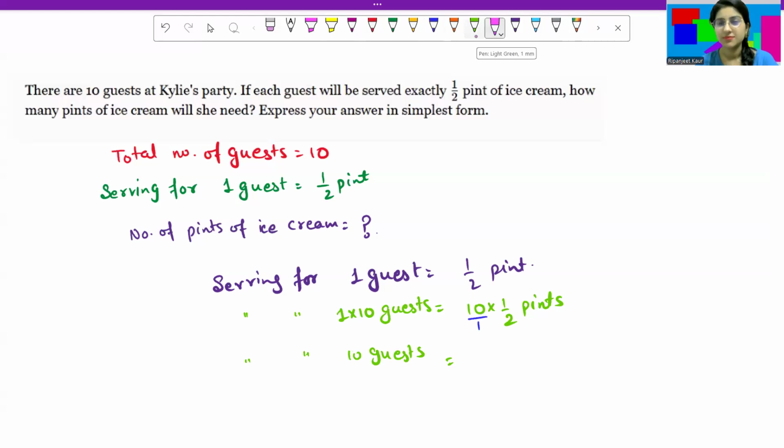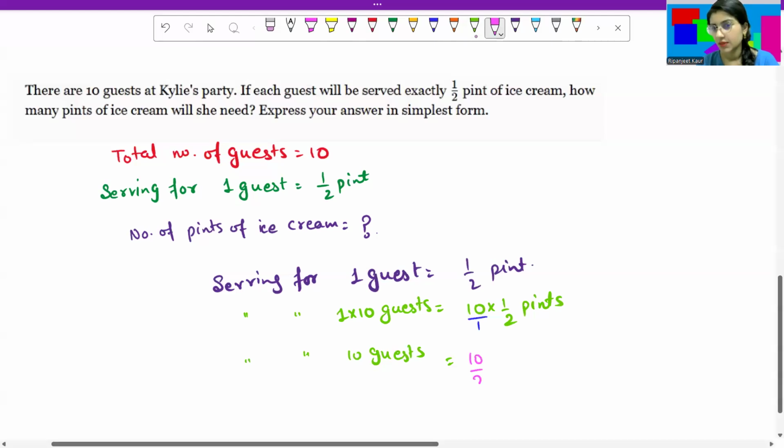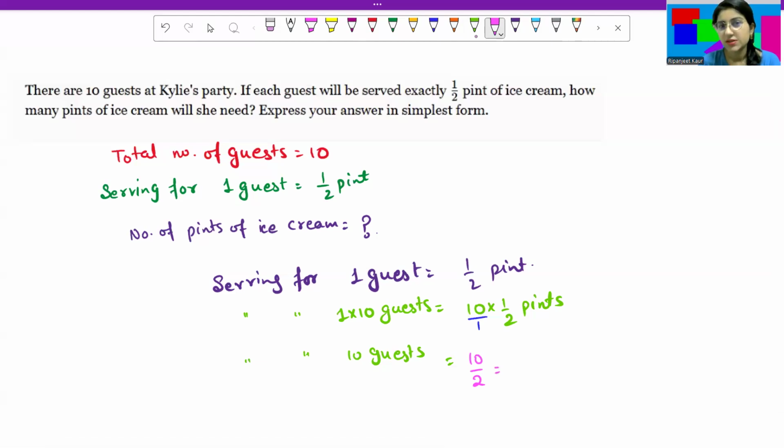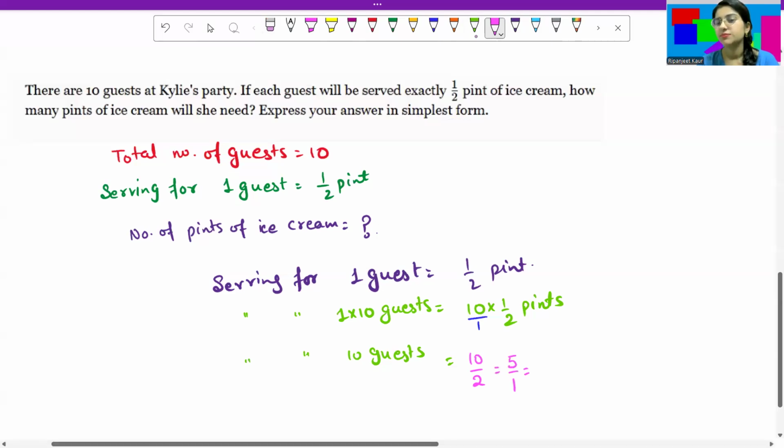It's 10 times 1 is 10 and then 2. 10 over 2. And how much is that? Simplified. Yes, they are saying express your answer in the simplest form. And then divided by 2. It's 5 over 1.